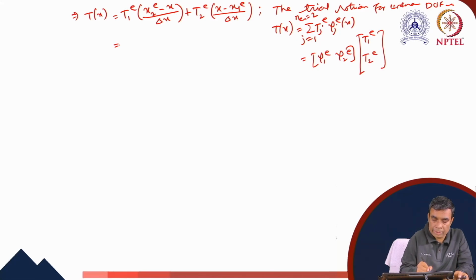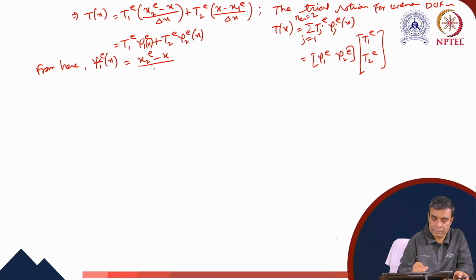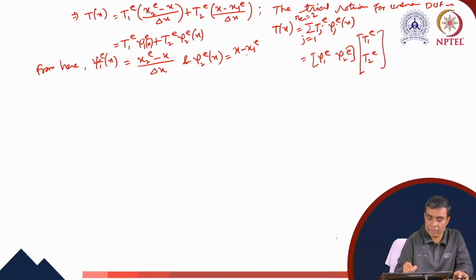So this can be written as T1e psi 1e plus T2e psi 2e. So from here psi 1e(x) equals x2e minus x by delta x and psi 2e(x) equals x minus x1e by delta x.